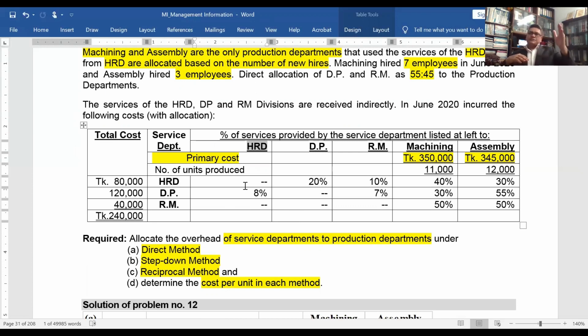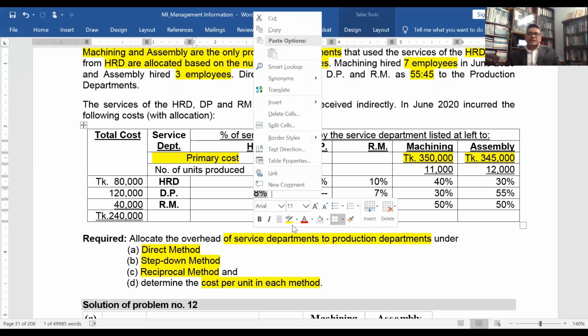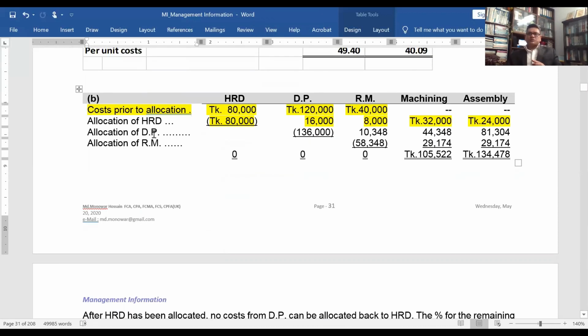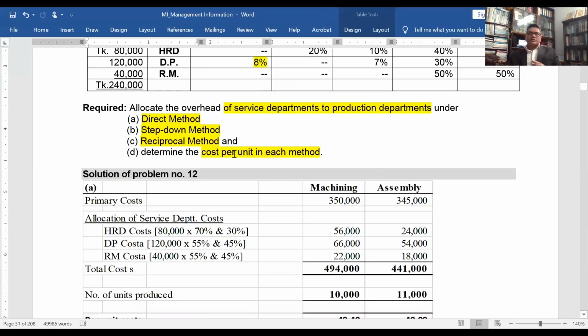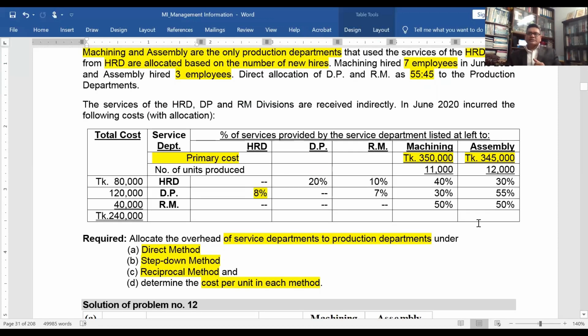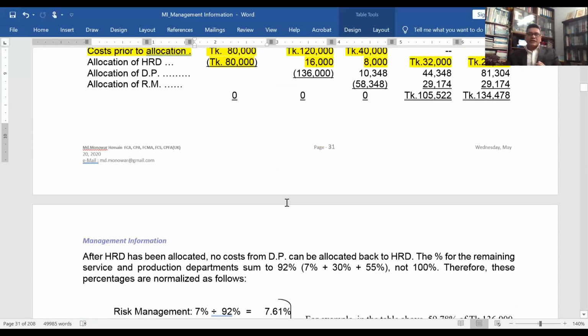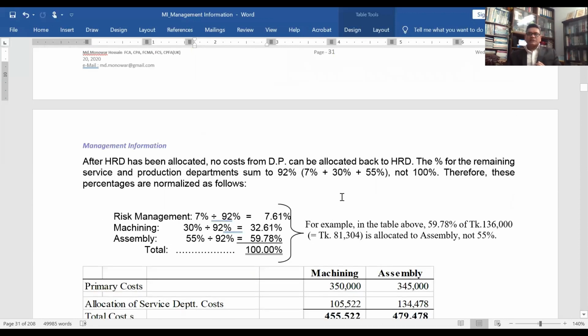No cost will come here, no cost will come there. Okay, so these 8% we have to adjust. And how will we adjust it? Data processing: if we subtract 8% from the 100%, then we get 92%. Then the 92% has to be calculated this way.